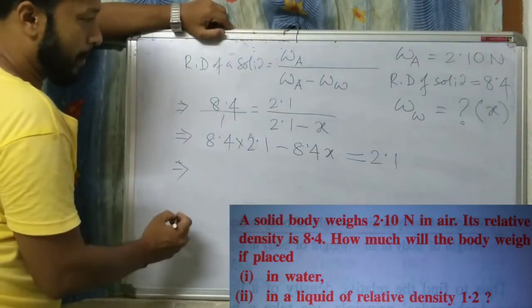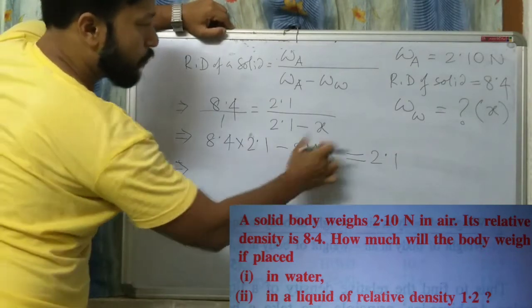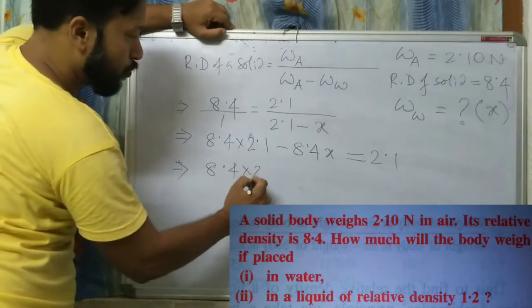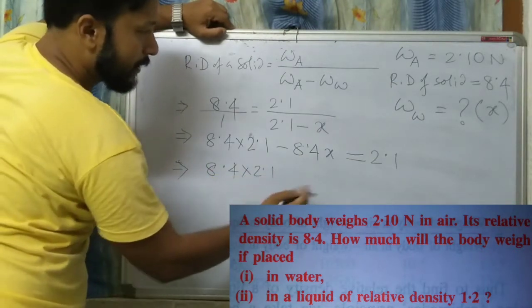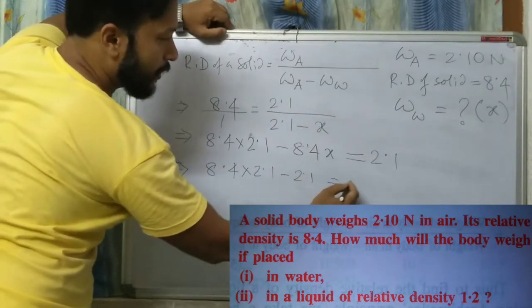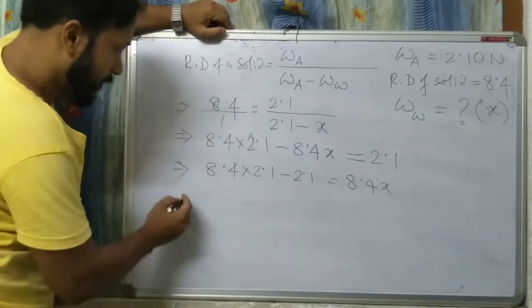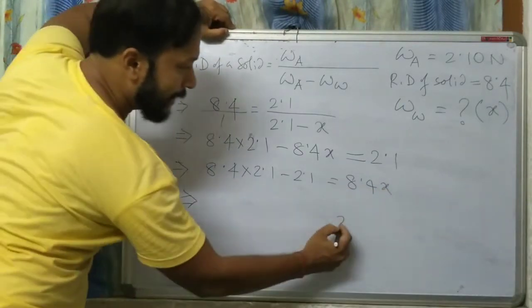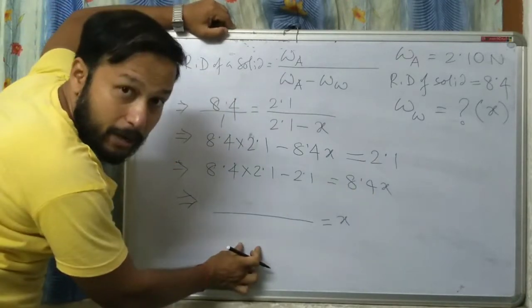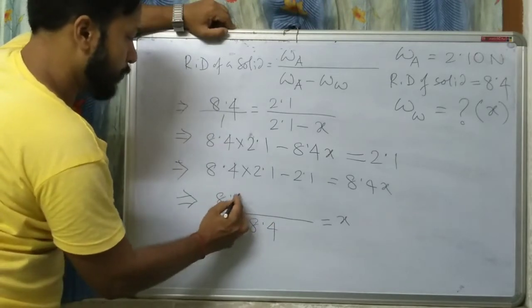Now 8.4x I am taking that side: 8.4 into 2.1, then 2.1 is coming this side, minus 2.1 equal to 8.4x. Understood? Now x equals this over 8.4.